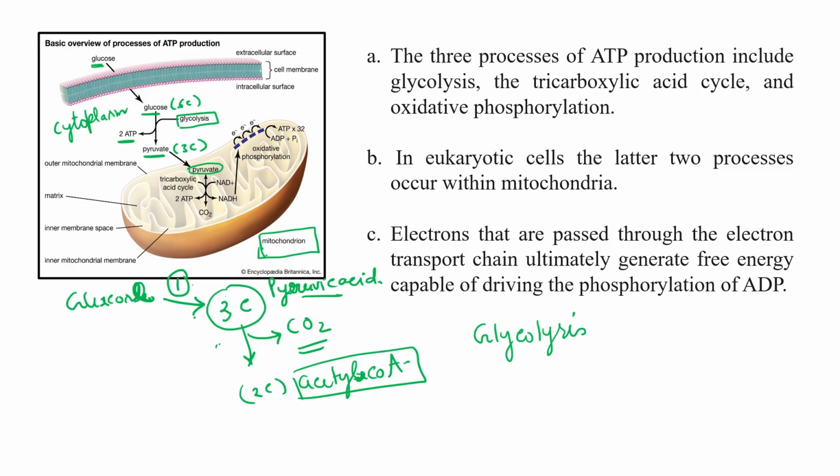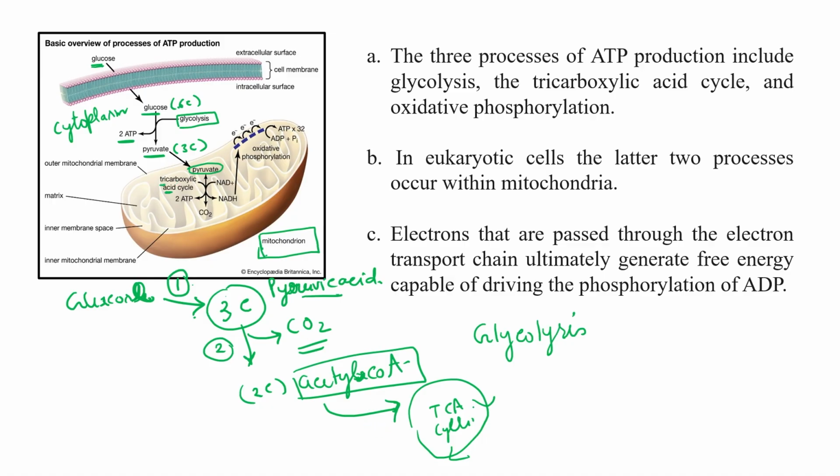This particular step is known as the link reaction, and this acetyl coenzyme A then enters into a cycle known as the Krebs cycle or TCA cycle, the tricarboxylic acid cycle.